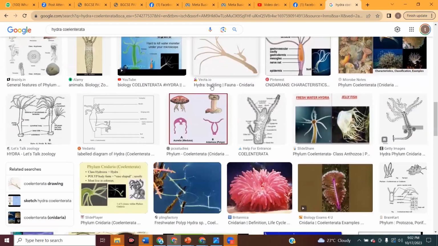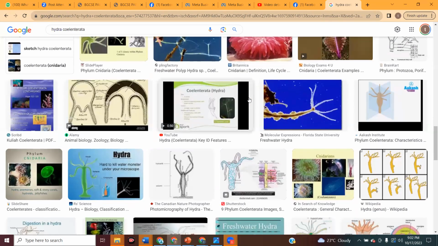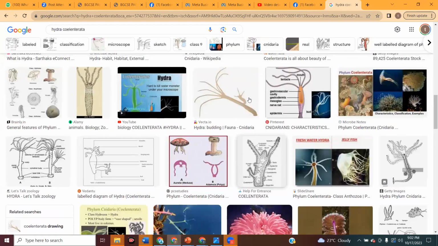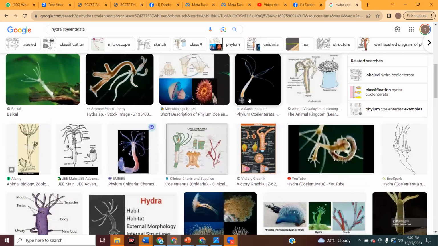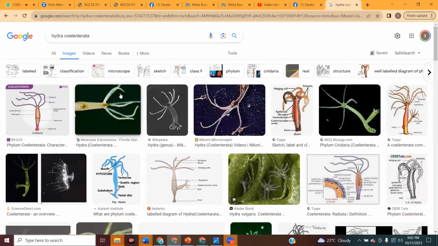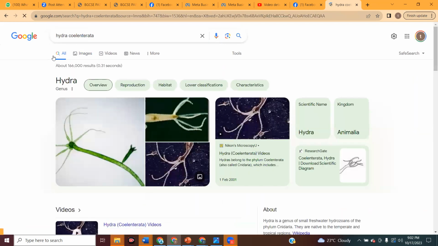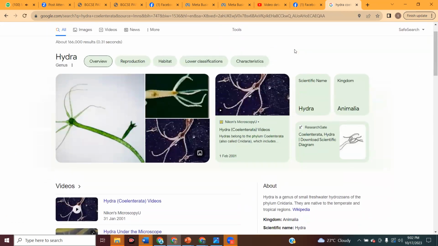Let me see if I can find good examples for you. Okay, so basically, when you look at it, these are colenterates.